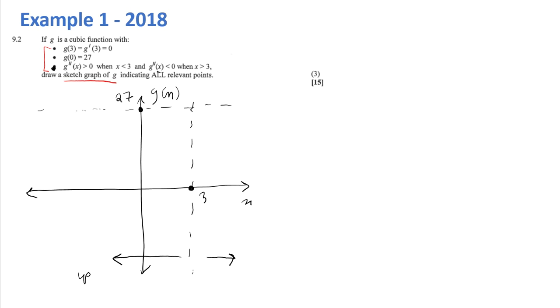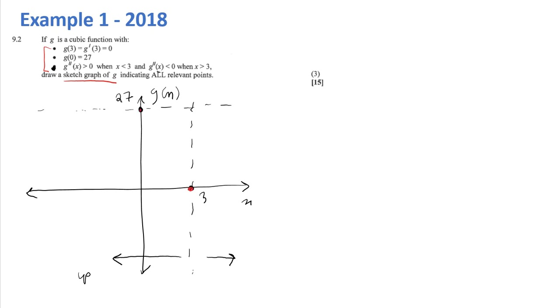So they didn't stipulate much more, and so this function can take multiple forms. For me, when I had to do it off by heart, my first instinct was to do this. So it's concave upwards up until this point 3.